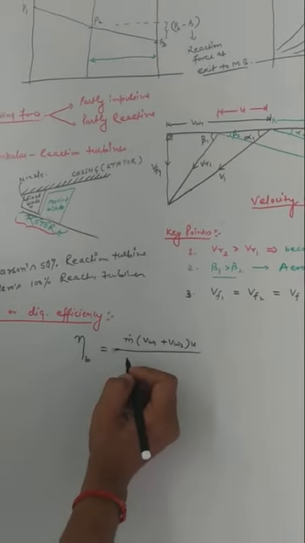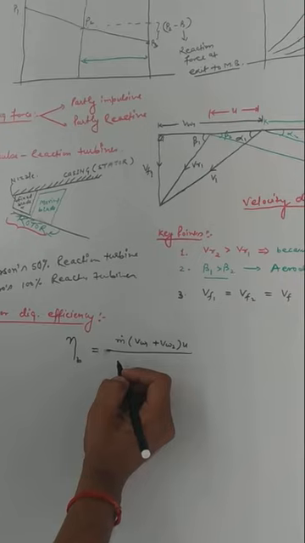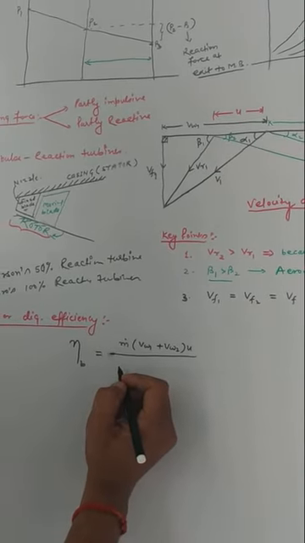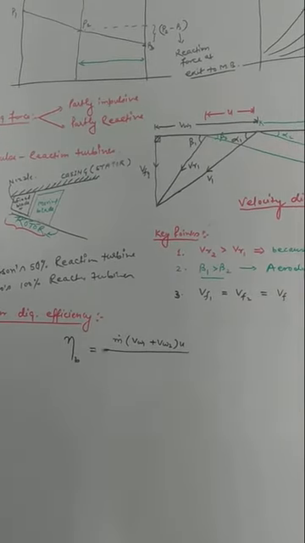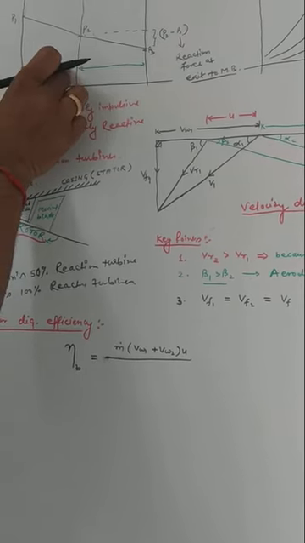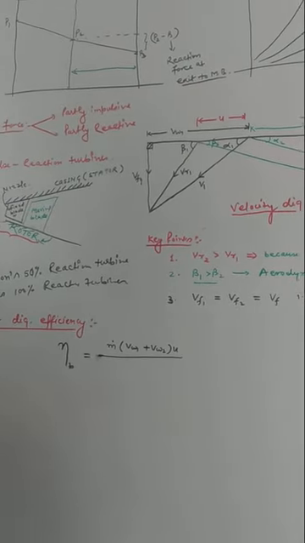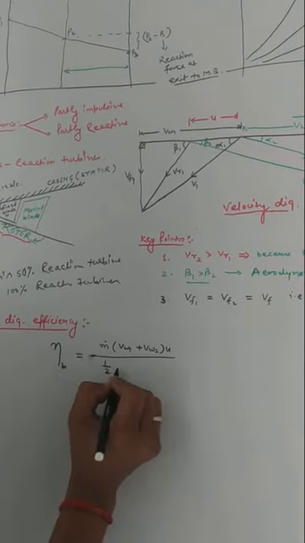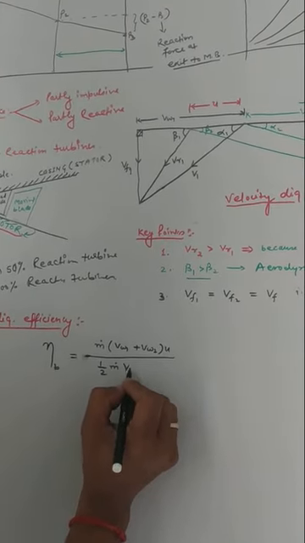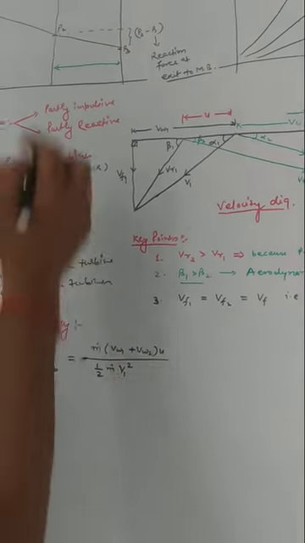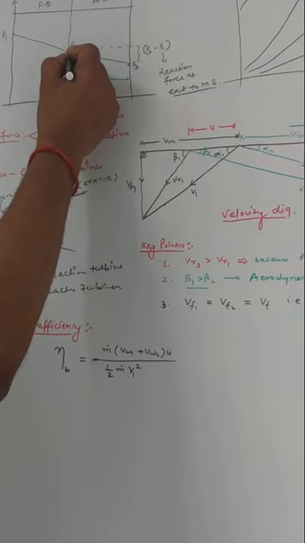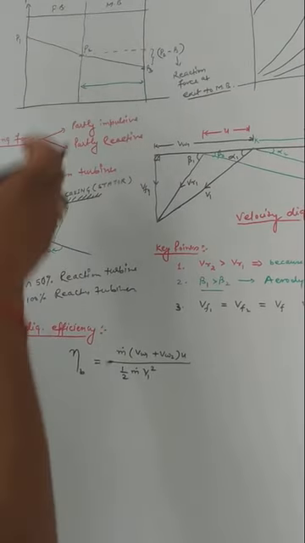Okay, and divide by the energy supplied. The energy supplied in the fixed blade is the kinetic energy, half m V1 square, where V1 is the exit velocity at the fixed blade.